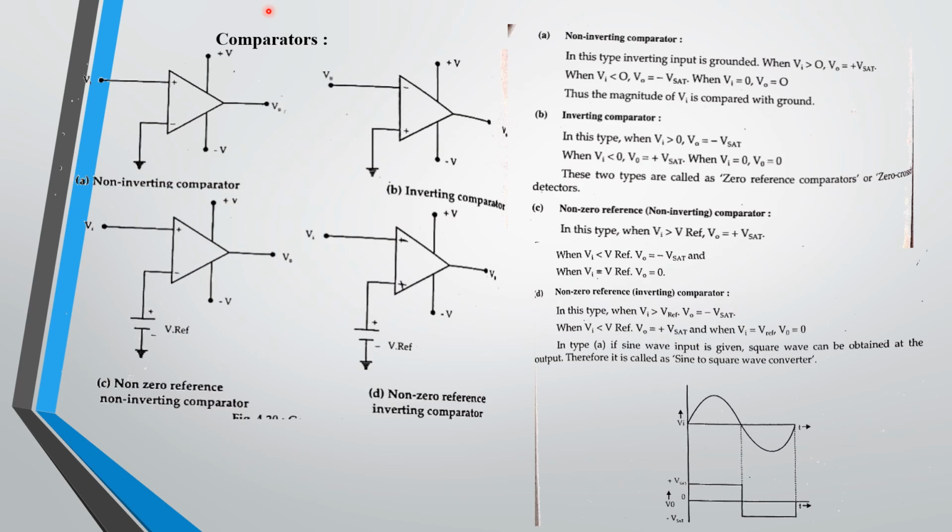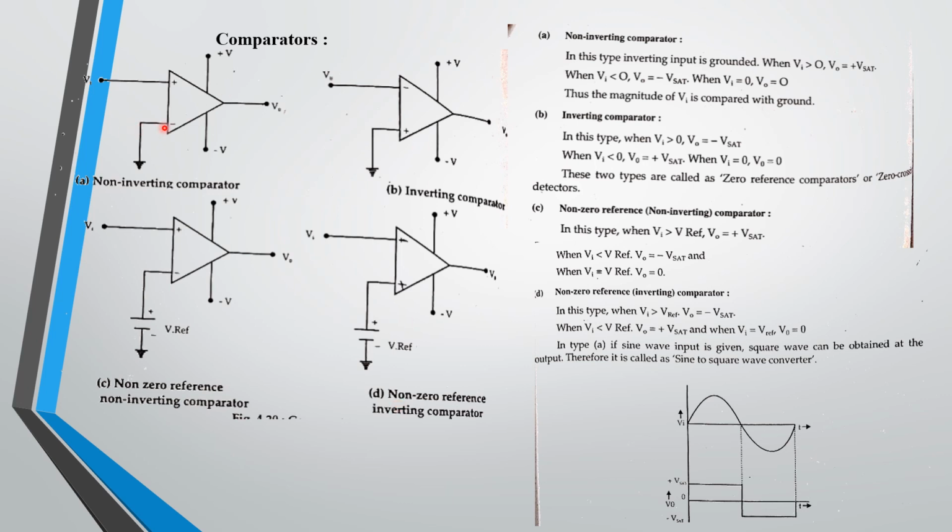Now the next one is the comparator. In the comparator circuit, there are two different types of comparators. One is known as a zero reference comparator and the other is known as a non-zero reference comparator. According to the inverting and non-inverting configuration, there are subtypes: zero reference inverting comparator, zero reference non-inverting comparator, non-zero reference inverting comparator and non-zero reference non-inverting comparator.